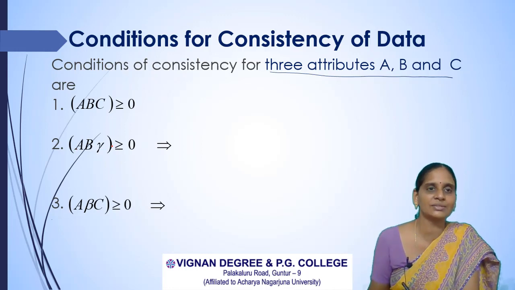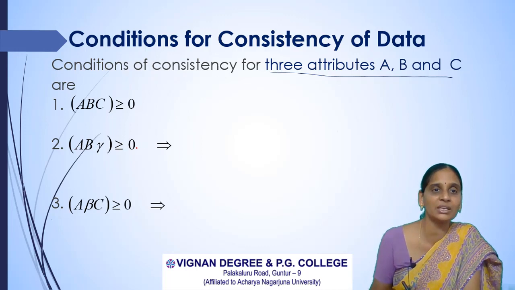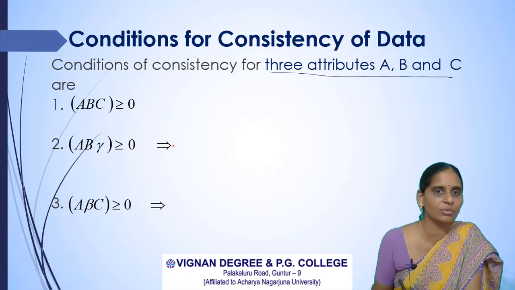And next class frequency is frequency of AB gamma is greater than or equal to 0.